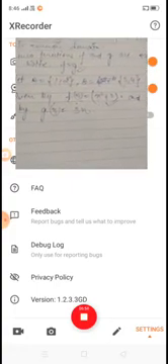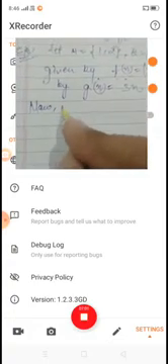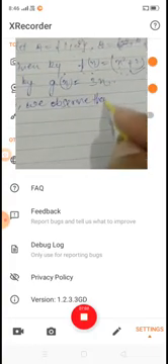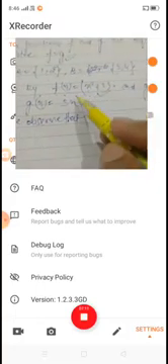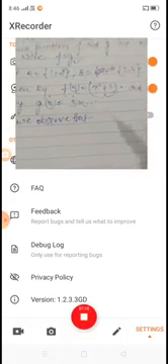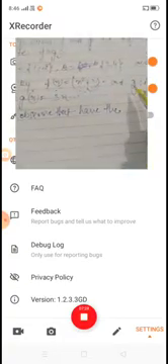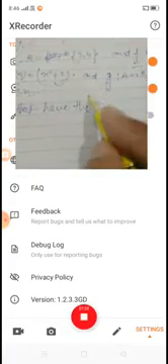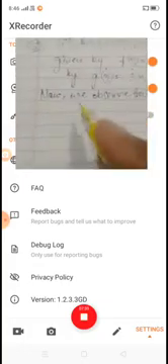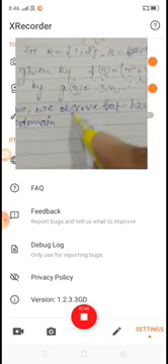Now we observe that f and g have the same domain and the same codomain.